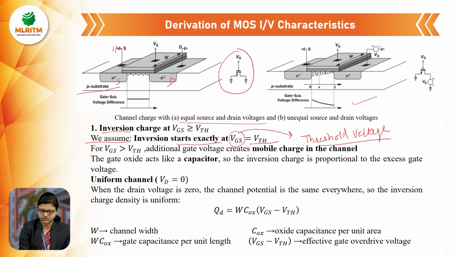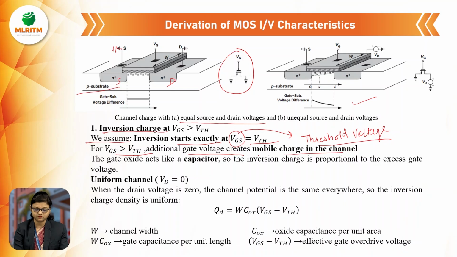Now the inversion charge flows when VGS is greater than or equal to VTH. Whenever the input voltage VGS is greater than or equal to VTH, we can say that an inversion charge flows. For this case, when VGS is greater than VTH, the additional gate voltage creates mobile charge in the channel.